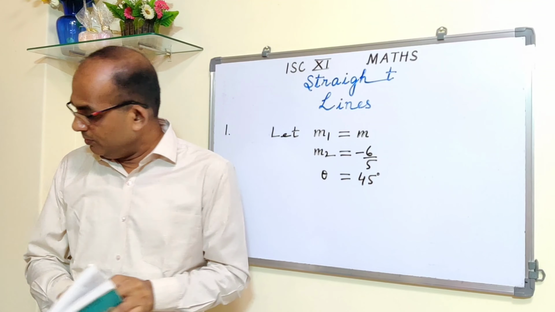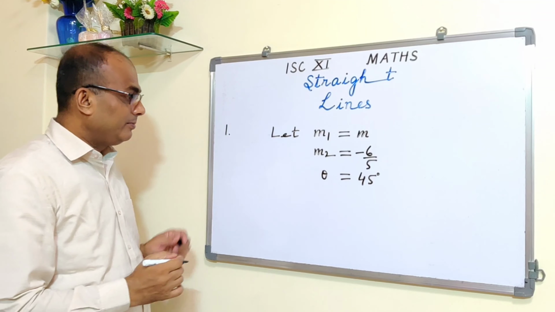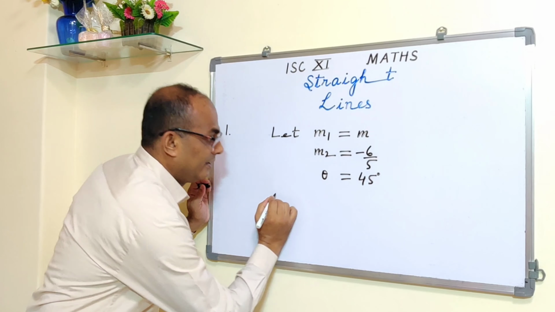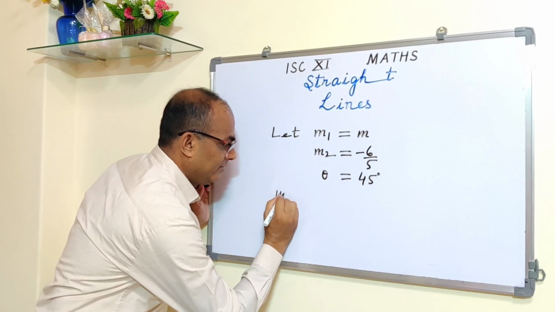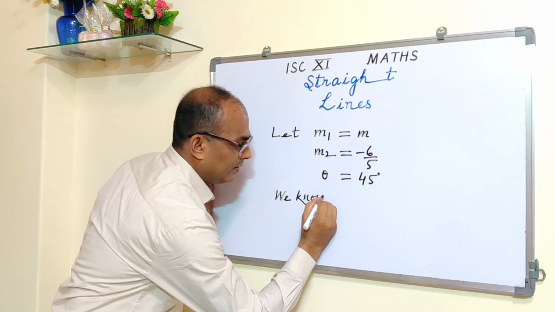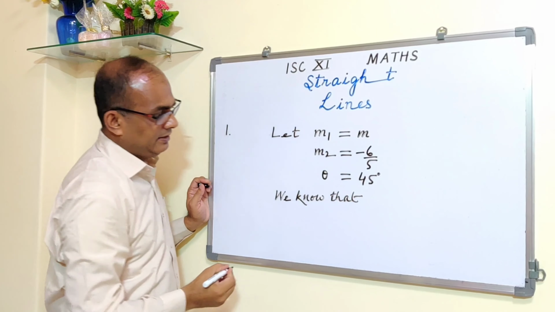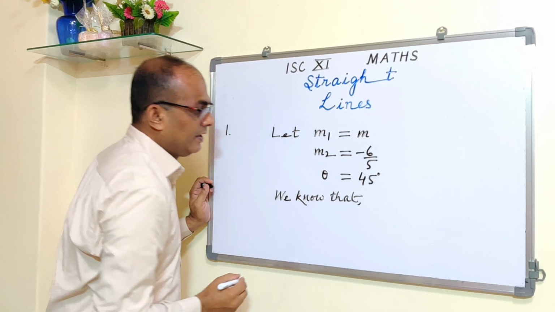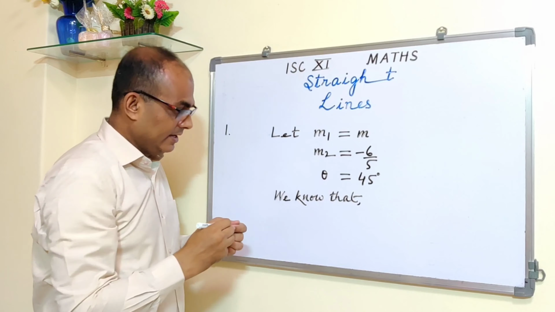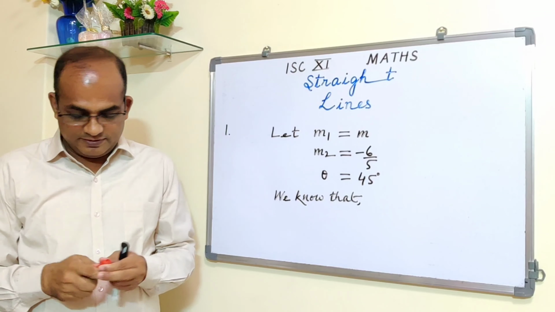Formula we know. Tan theta is equal to m1 minus m2 upon 1 plus m1 m2. This is an important formula, so let me write it down in red.